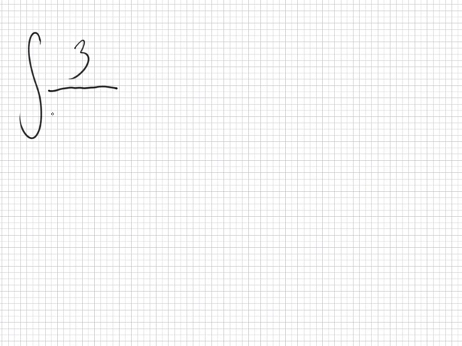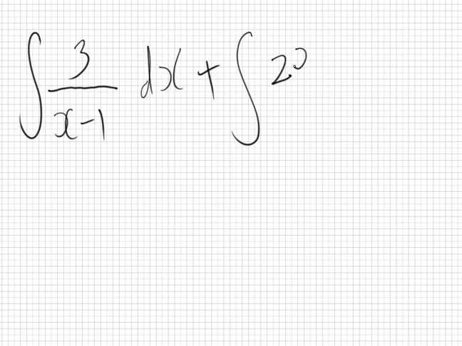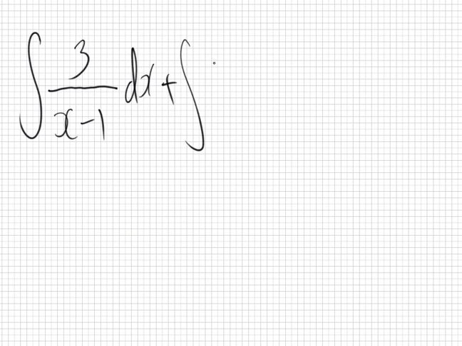3 over x minus 1 plus 2x over x squared plus 4, okay, that's the B. I need to write it a bit smaller anyway. Plus 2x over x squared plus 4 dx.